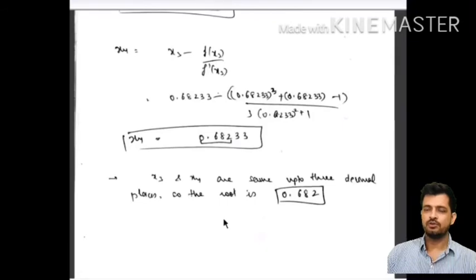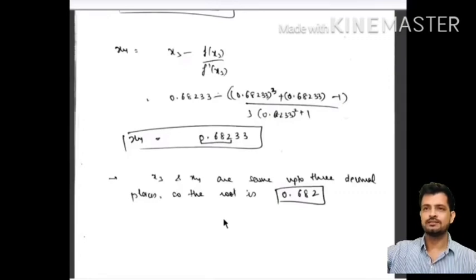Now we have to solve this till 3 decimal places or 2 decimal places as per the given numerical, right? It will be given in the numerical that you have to find the answer up to 2 decimal places or 3 decimal places. If 3 decimal places of the consecutive answers are the same, then we have to stop the calculation.